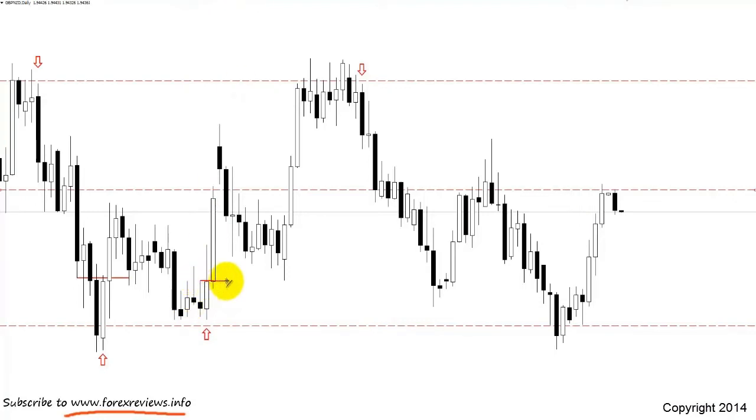You enter after the candle. Place the stop below the low. Or if you want to give it even a little bit more space, you can place it below the previous low. Both places are valid places to place stops.